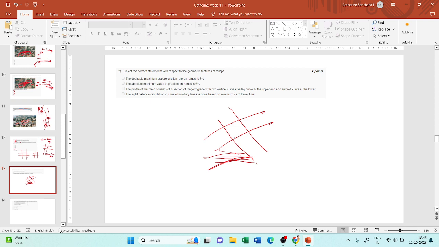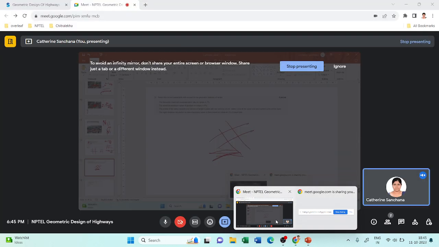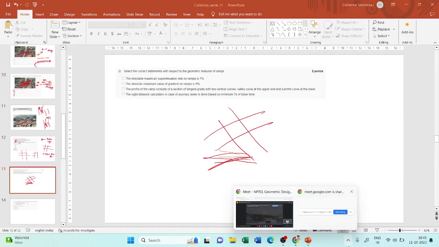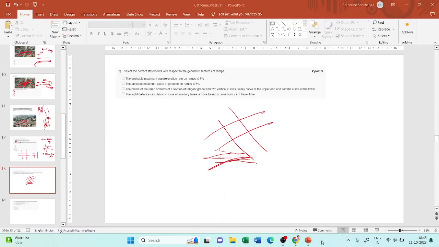So if you see IRC 92, then they will have given you how to design these ramps, the geometric design of these ramps. Right. So in such a case, we will be going through some points and then we will check if this value is correct.